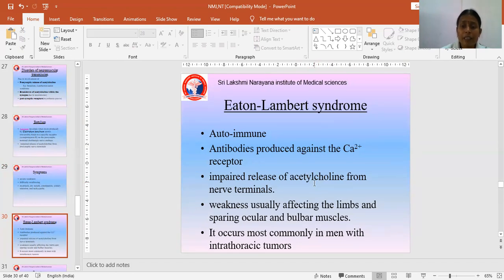This leads to impaired release of acetylcholine from the nerve terminal. Due to decreased or absent release of acetylcholine, muscle contraction will not take place. This leads to weakness.